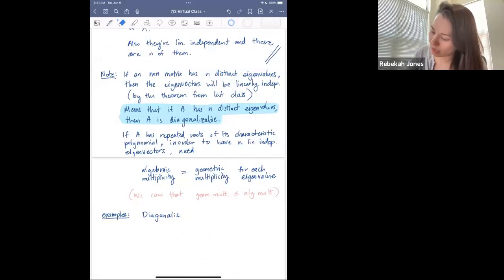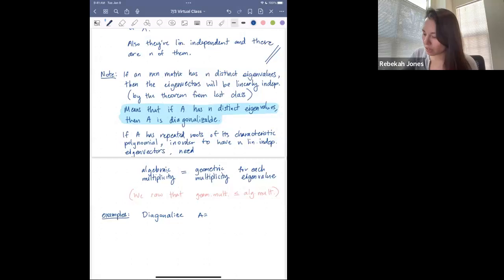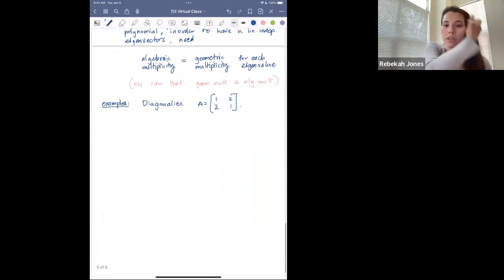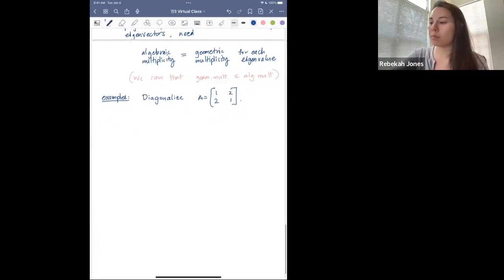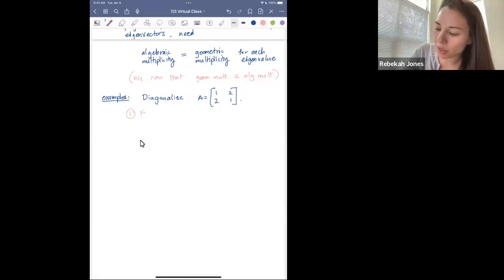So we have this matrix A. As I'm going through this, I'm going to list out the steps for this first example, and in the next one, I won't necessarily list out all the steps. But we start by finding the eigenvalues.